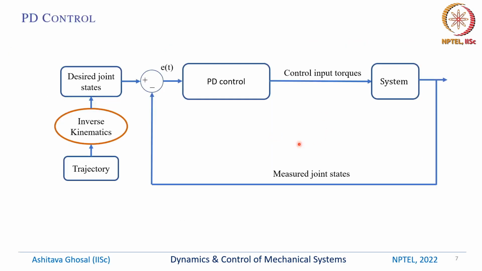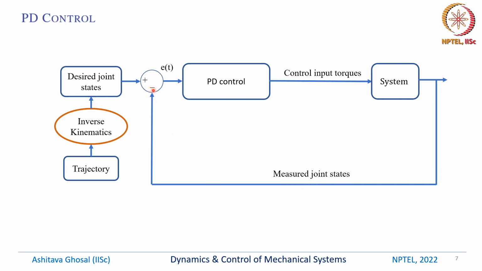The block diagram of the PD controller looks like this. This is the plant or the system, which is basically two motors and two links. Then we have control input torques coming into this plant, and the output is the rotation, which are the measured joint states.